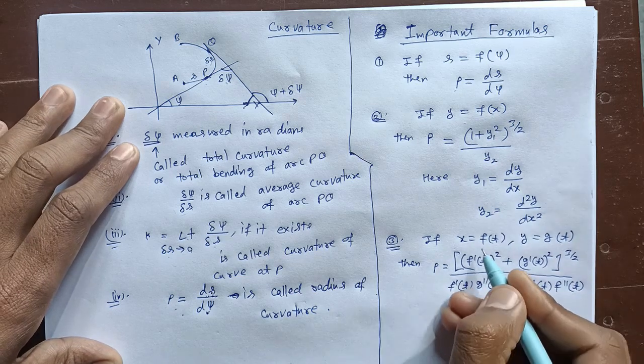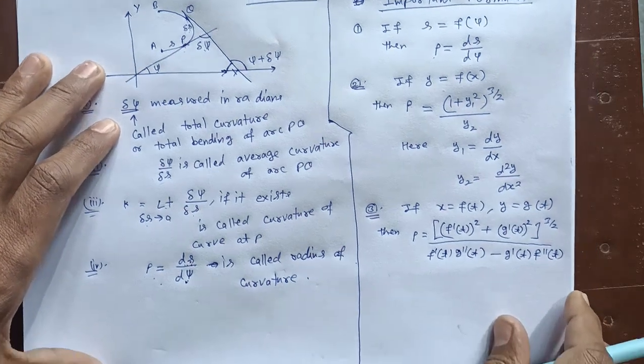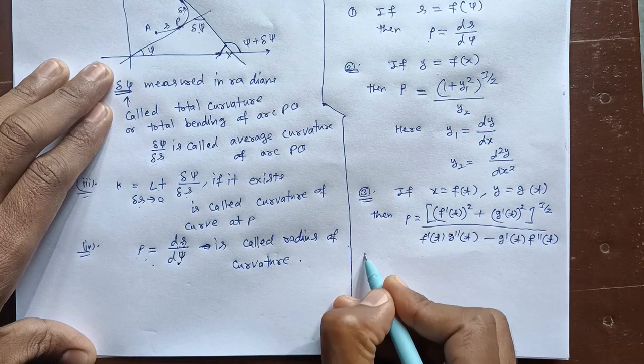If the curve is given in parametric form, then we use this formula to find radius of curvature.